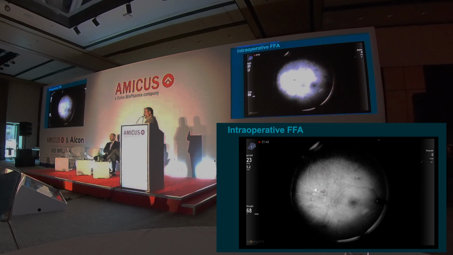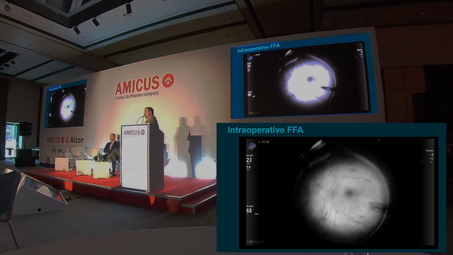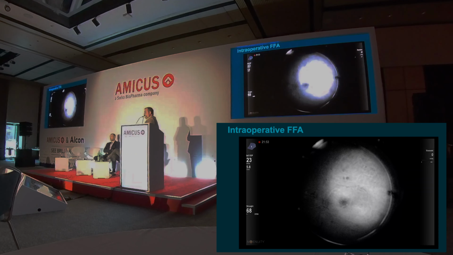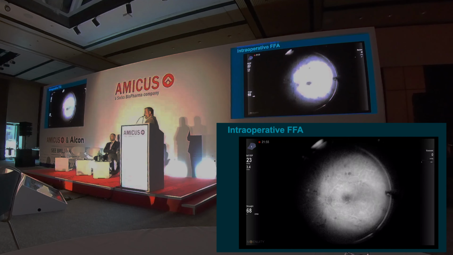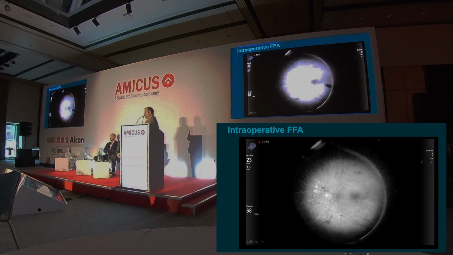So for the first time, the Ngenuity becomes, from a visualization system, an intraoperative diagnostic tool, which can serve us as an intraoperative navigation system. You will see in a moment, probably in the next case.